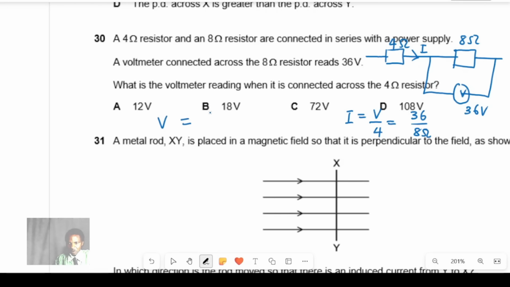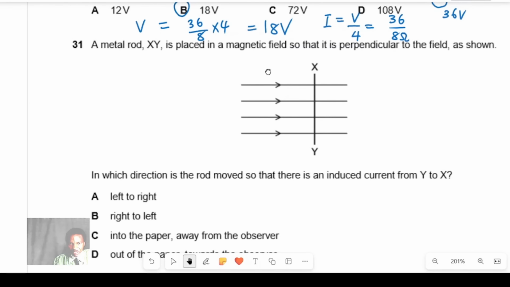V is equal to 36 over 8 times 4. So that is equal to 18 volts. Number 30 is B.